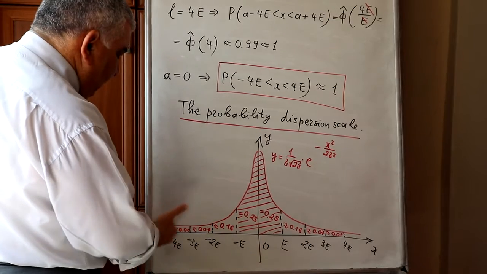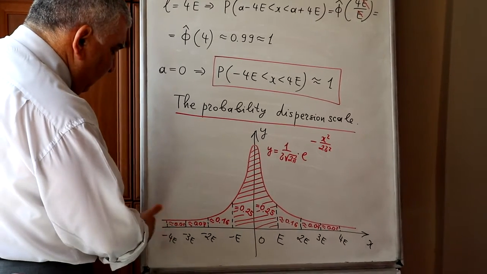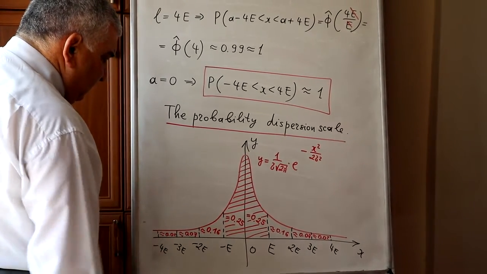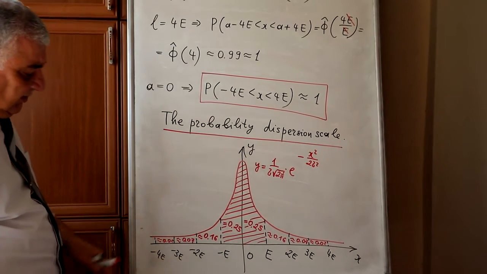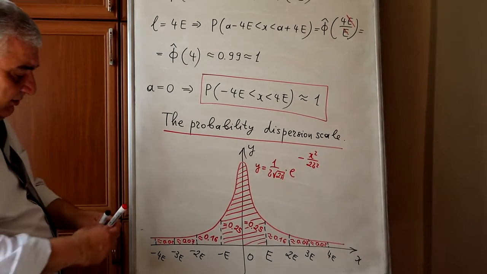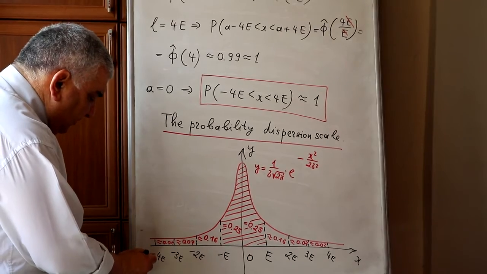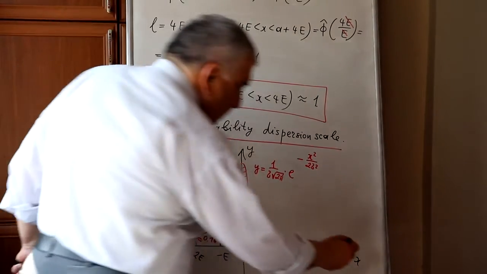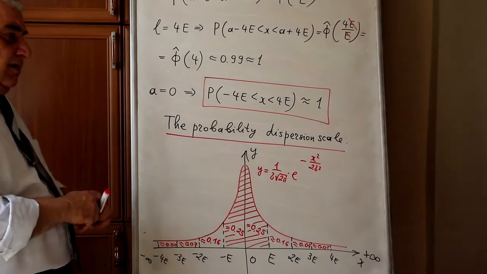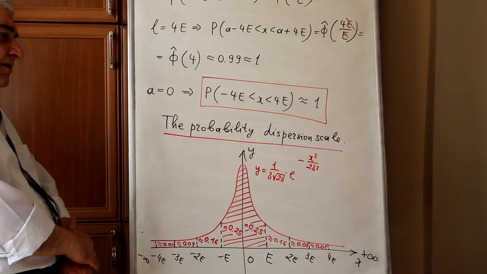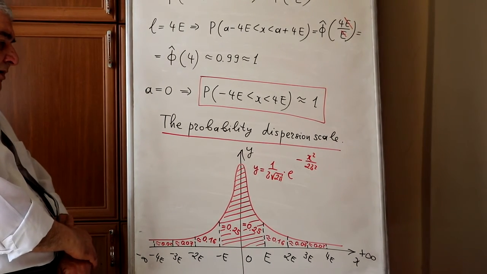And finally, that probability that the continuous random variable will be situated in the interval minus infinity to minus 4E is approximately equal to 0.